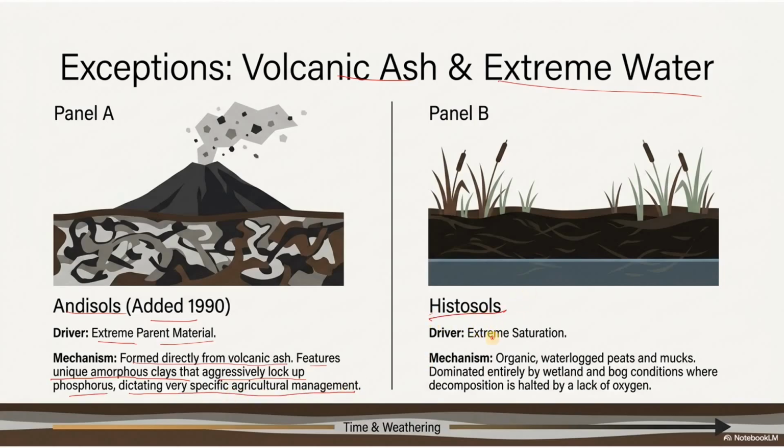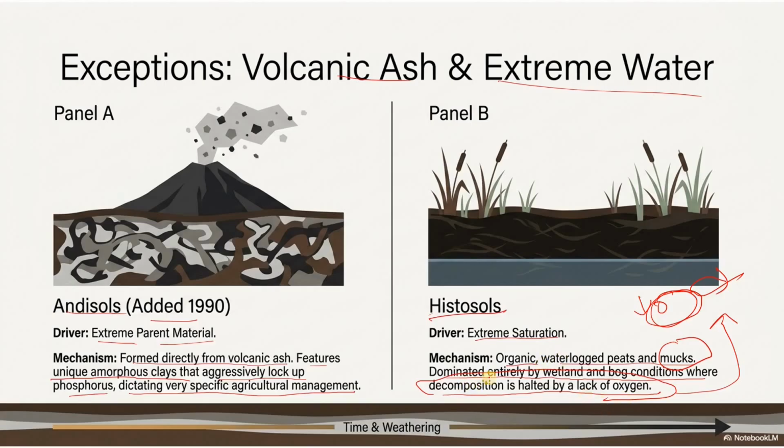Talking about Histosol, extreme saturation: organic, waterlogged peat and mucks dominated entirely by wetland and bog conditions where decomposition is hindered by the lack of oxygen. What does that mean? When leaves die, and plants and grasses fall on the soil, because of lack of oxygen they stay as they are and form peat and mucks.